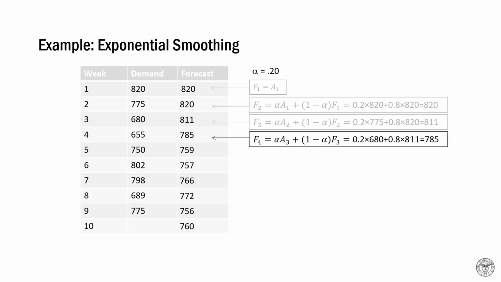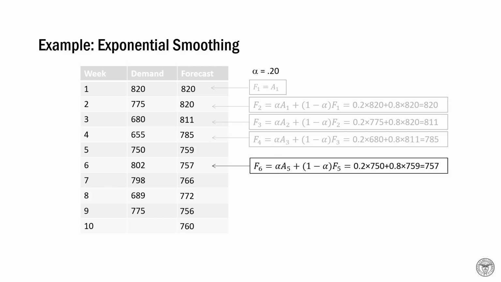Finally, we compute F sub 4 by adding the product of the smoothing factor alpha and the actual occurrence in the previous period, A sub 3, 680, to the product of 1 minus alpha and the forecast for the previous period, F sub 3, 811, resulting in a forecast of 785.